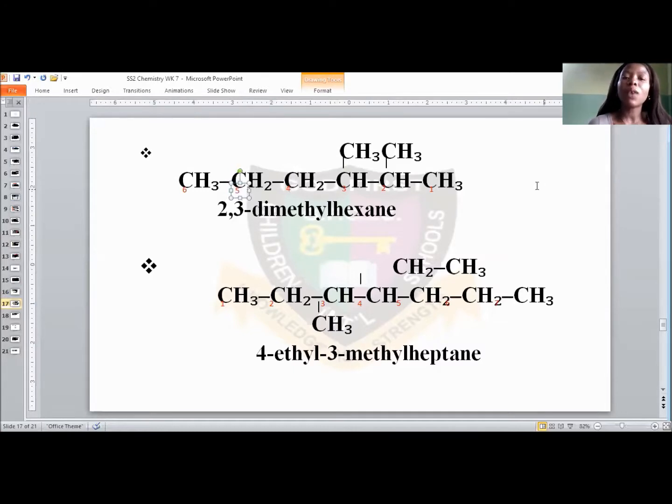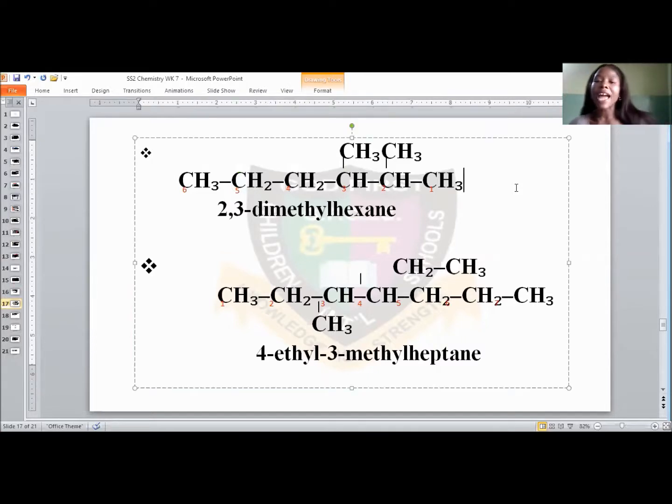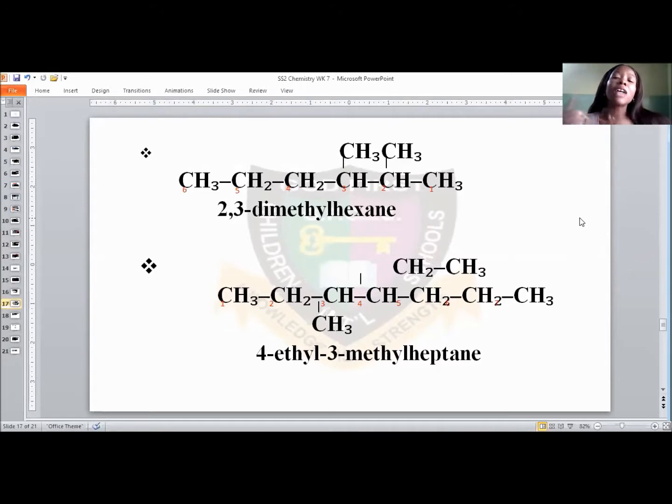Do you notice now? I counted from right to left. Why? Because according to the rule we said before, you must give the location of the substituent the smallest number. If I counted from left now, it would be 1, 2, 3, 4. Now this substituent is on carbon 4 and then 5, but the smallest numbers are 2 and 3.